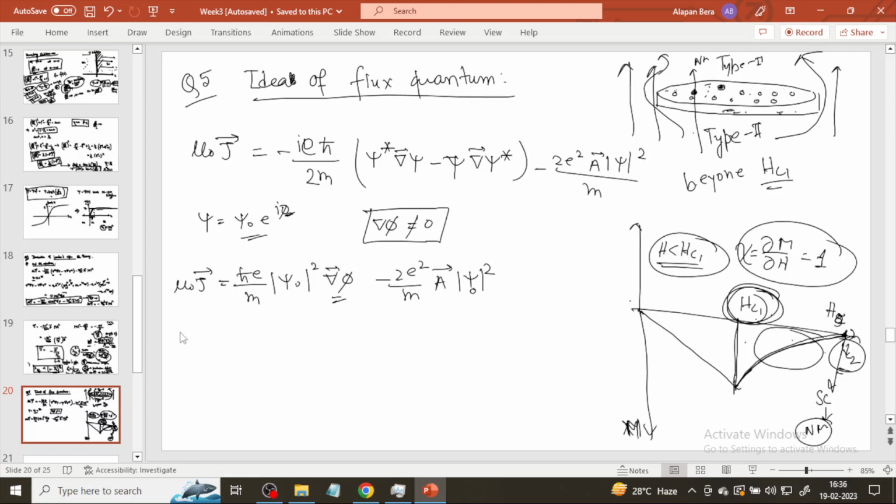So now let's take a line integral. Let's say there is some vortex and we are taking a circular path outside this vortex. Along this path let's take the line integral.